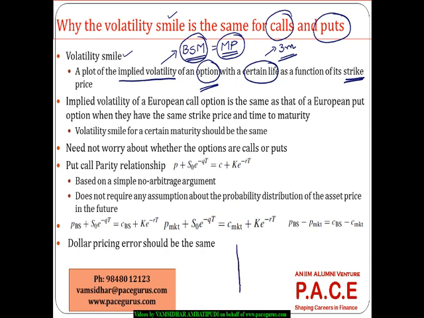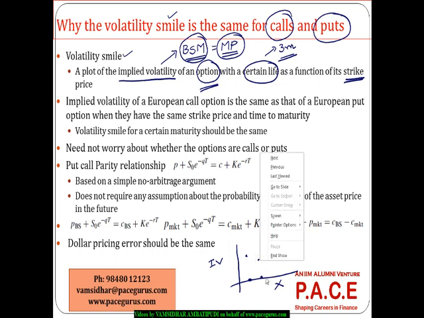I'm taking the strike price X on the x-axis and the implied volatility on the y-axis. Now for a very low strike price, what is the implied volatility? Then if the strike price is increased, what is the implied volatility? If the strike price is a little bit more, what is the implied volatility? So joining all these points is what we call the volatility smile.